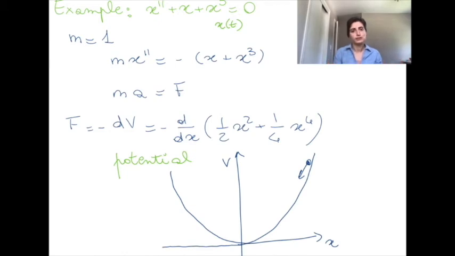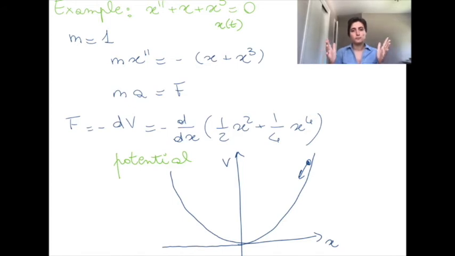And we can take a next step. We can say that f is the derivative of a potential, and we can explicitly compute the potential in this case. So this, in this case, is a sum of x squared plus x to the fourth. We know how these things look.